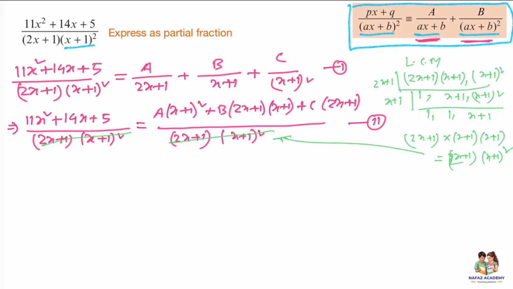Both are the same, so cancel out. Rewrite the equation: 11x square plus 14x plus 5. It is equation 2.